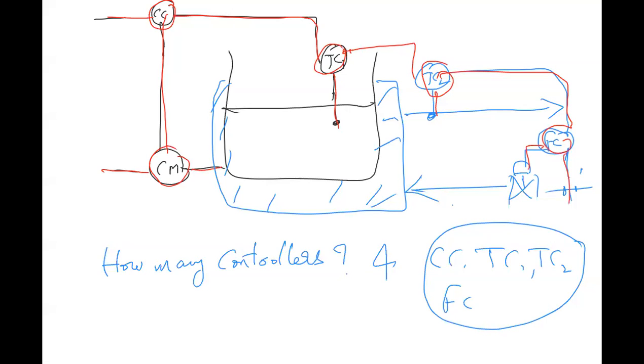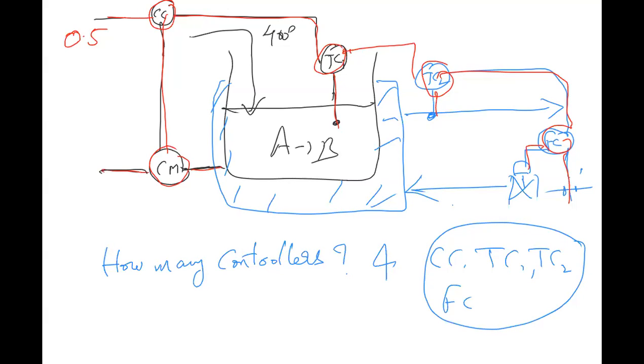Let's say I want to maintain a concentration of 0.5. Here the feed comes in, and then the feed goes out. The reaction is, let's say, A gives B, and the concentration of B should be 0.5. To maintain a concentration of 0.5, the reactor temperature should be, let's say, 400.